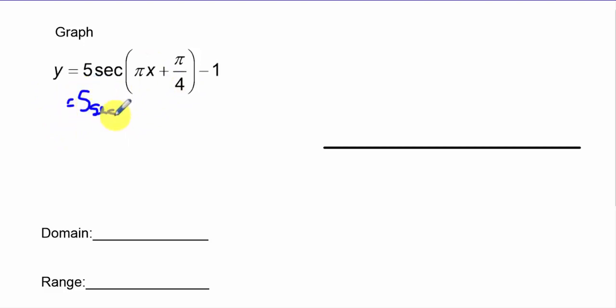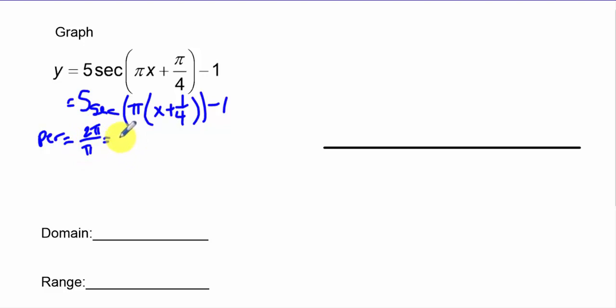5 secant, pull the pi out, be left with x plus a quarter, minus 1. Have an amplitude. Well, let's just do the period first. Period equals 2 pi over pi, or 2 in this case, intervals, divide by 4.